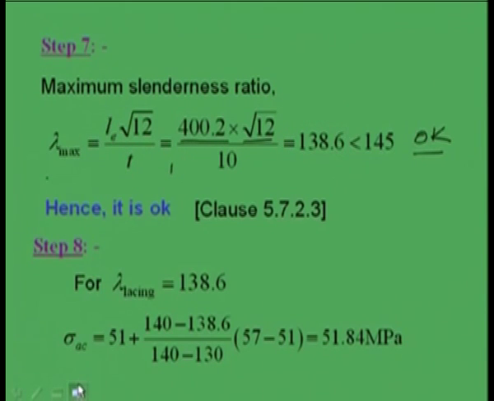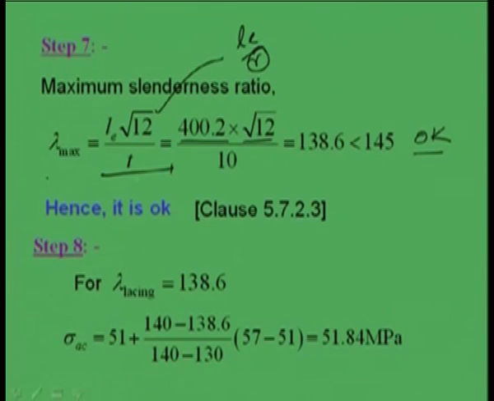So, now we will check the maximum slenderness ratio. What will it be? For a rectangular type of bar we will get LE root over 12 by T. Otherwise, if we have the lacing bar as an angle like section or channel like section, then we have to find out LE by R, where R is given in the code for a particular dimension of the section.